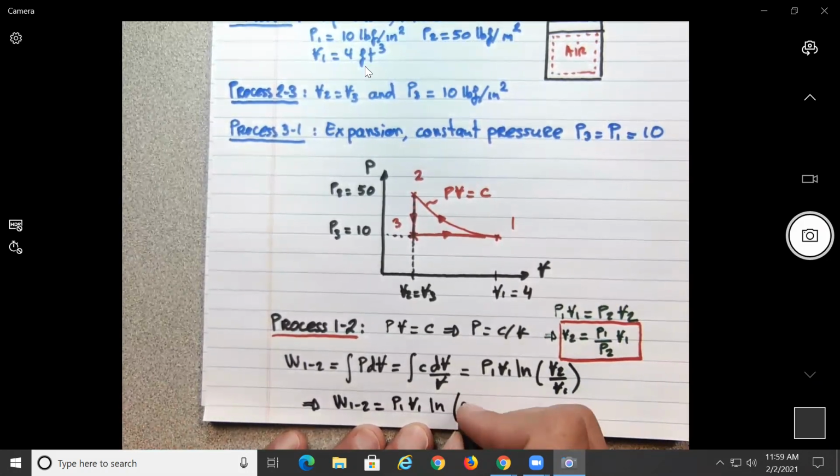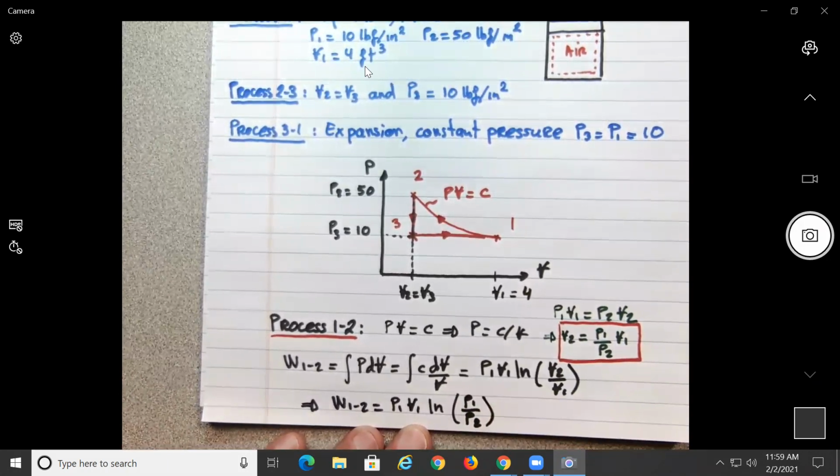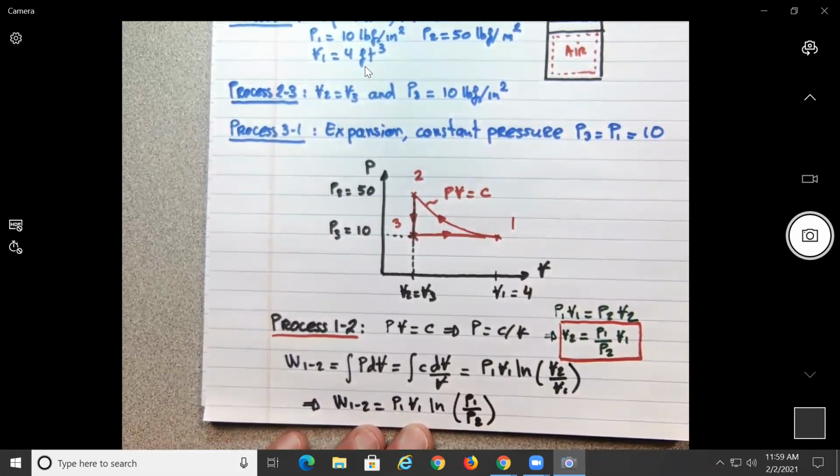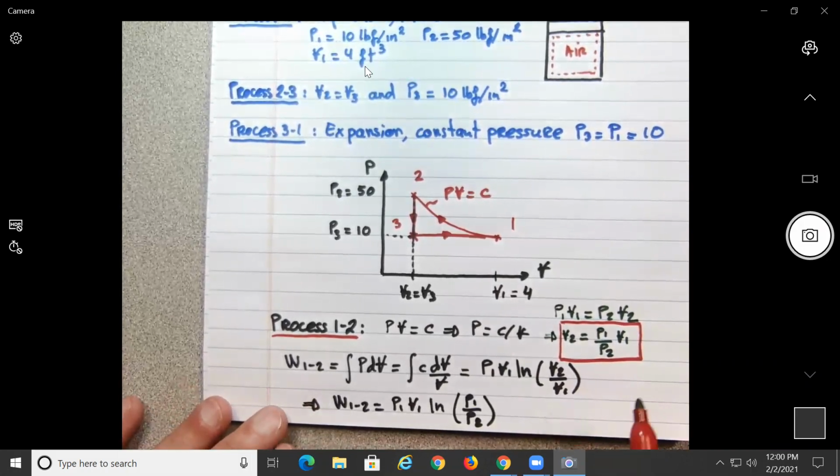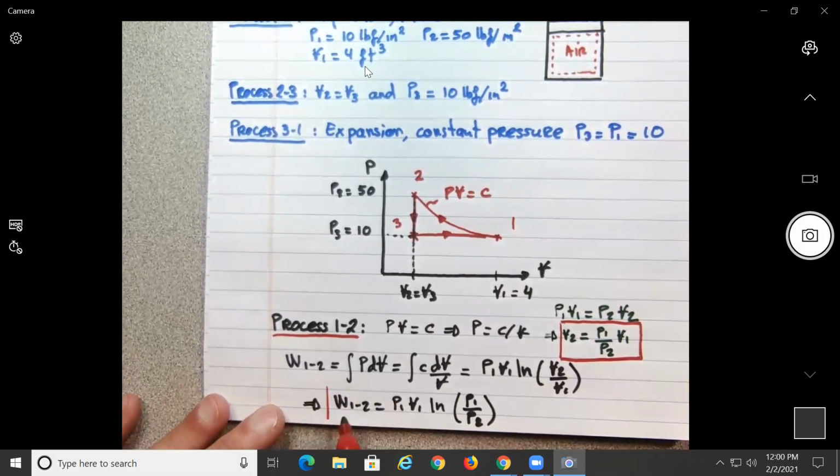So we end up with P1 over P2. Yep. I mean, you don't have to do it that way. You can calculate this value and substitute. That's what I would have done if I had a little bit more space. Okay, so let's do a calculation with this and see what happens.